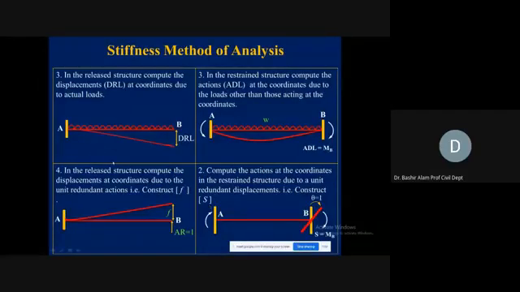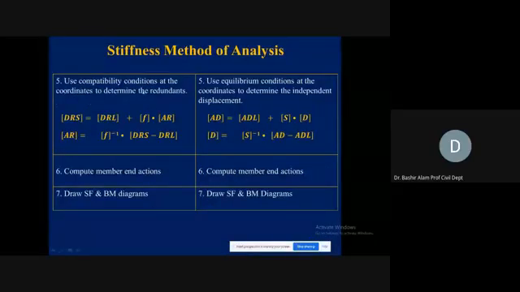अब क्या था, in case of the flexibility method we were writing the compatibility equation. This plus this should be equal to whatever you have precondition. यहाँ पे हम क्या करेंगे, this plus this should be equal to the actions in the actual structure. So here now use compatibility conditions at the coordinates to determine the redundant.